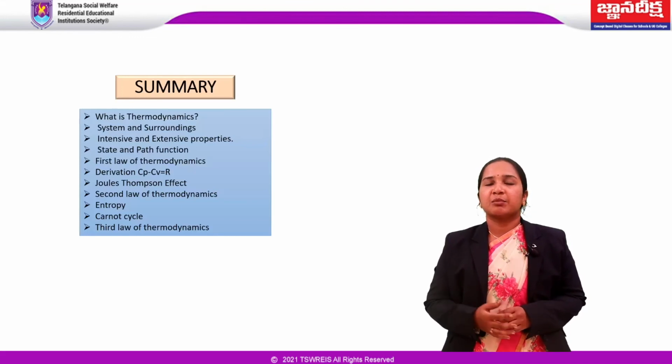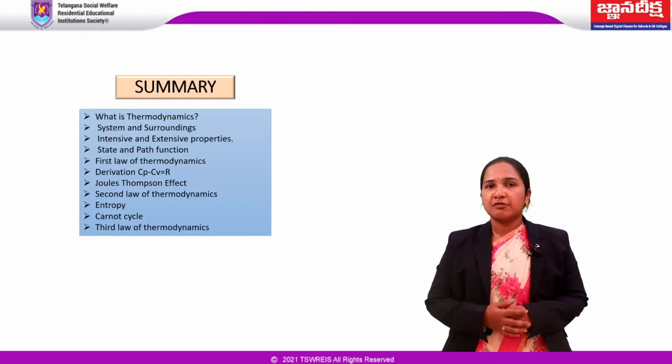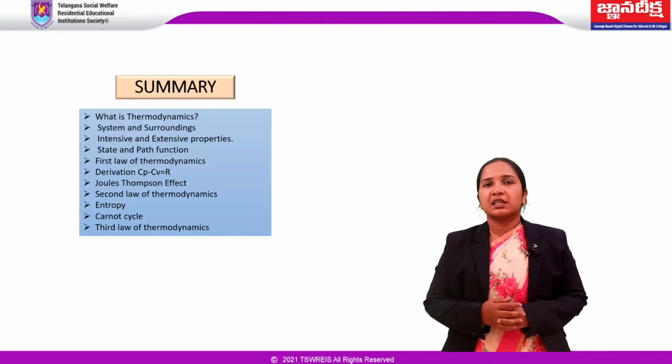Next, we have studied state function and path function. State function depends only on the initial and final states, whereas path function depends on the path of the system. We have seen various examples of state function and path function. Next, we have studied the first law of thermodynamics.